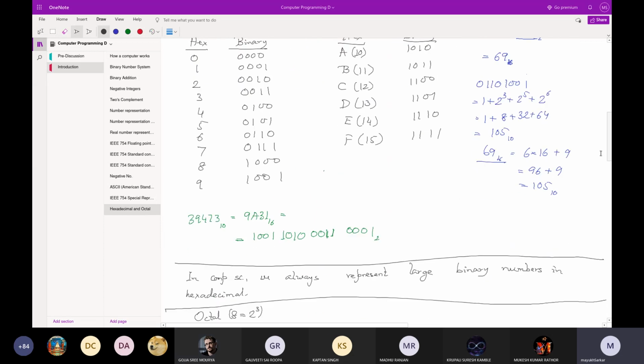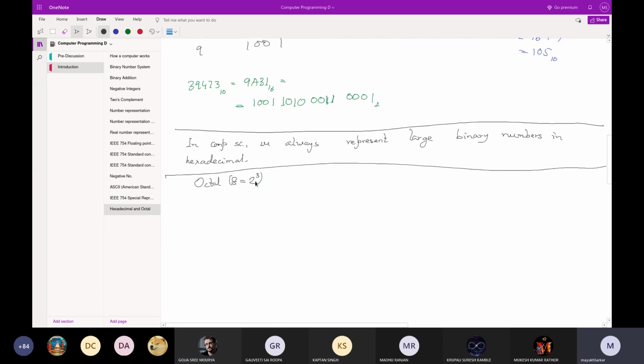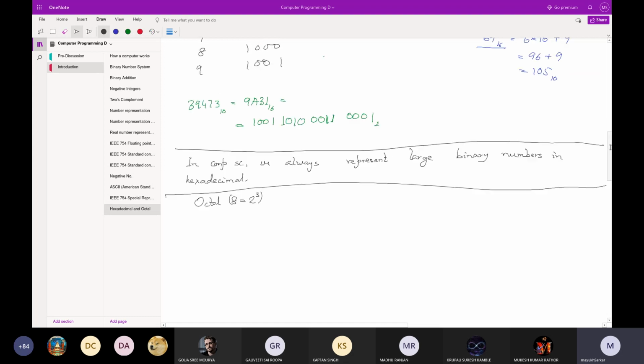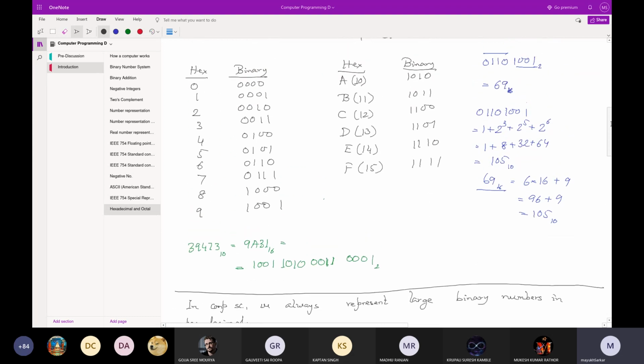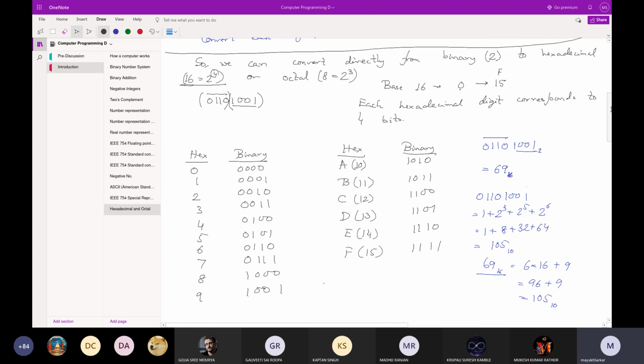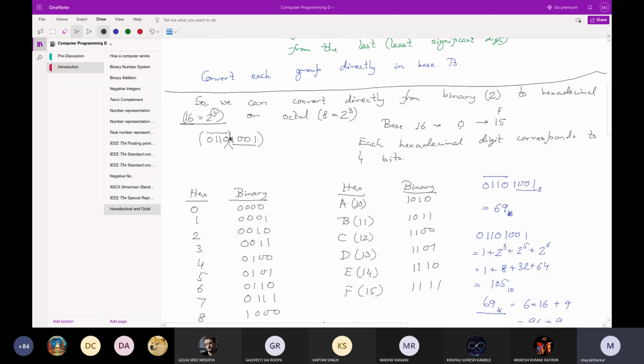Okay. Now octal, it is a third power of 2. So this time I will take groups of 3 bits rather than 4 bits. So let me take this number 0110 1001.